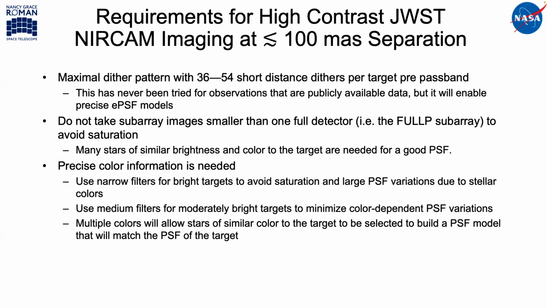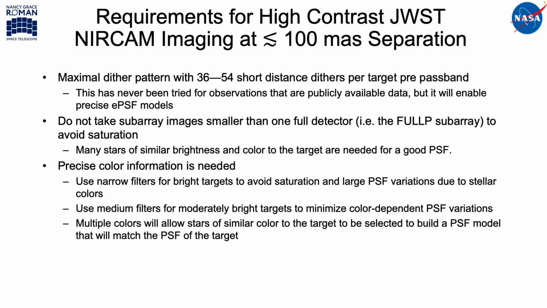Our proposal has between 36 and 54 dithers, which is not quite 10 times better than previous attempts. We also need to take images on at least a full detector, so we have lots of stars of similar color to the target to build the PSF model. We need precise color information.